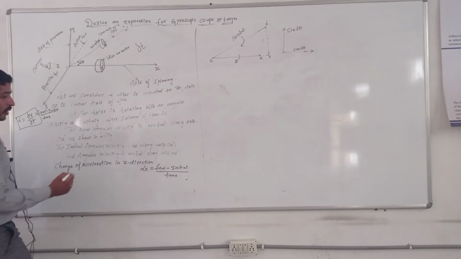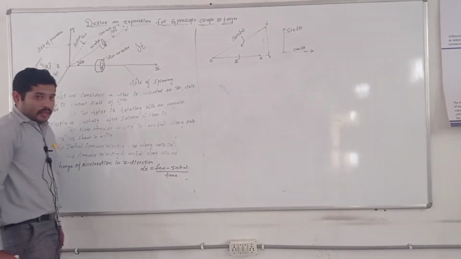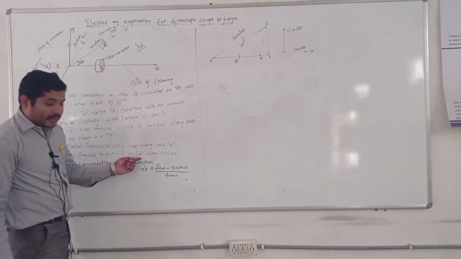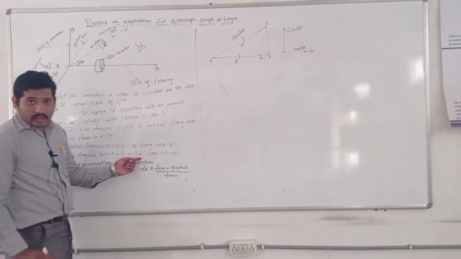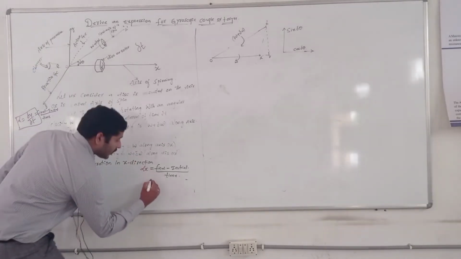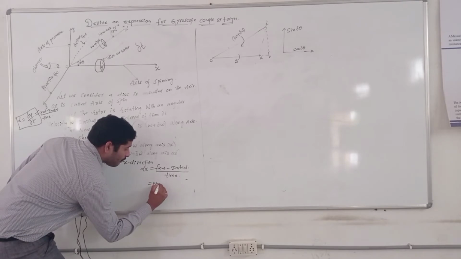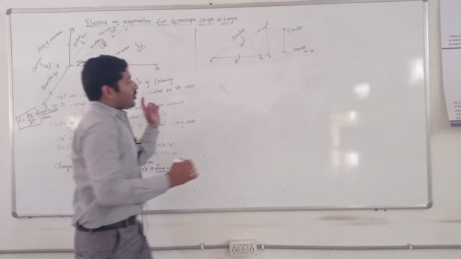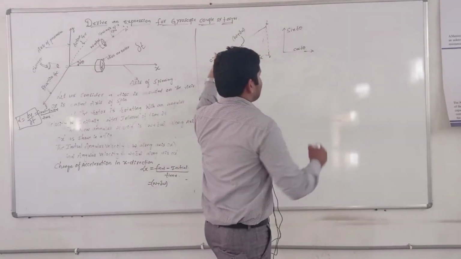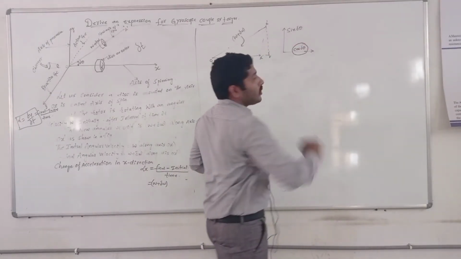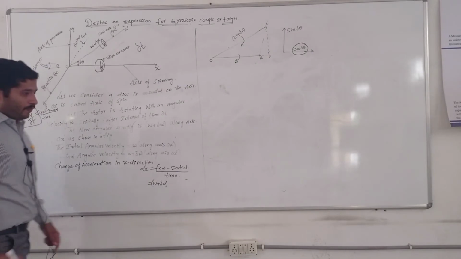Any confusion? No. The final velocity is omega plus delta omega. Is it right? Then we have to represent here omega plus delta omega. So first, in which direction? In x direction. What is the factor here? Cos delta theta.